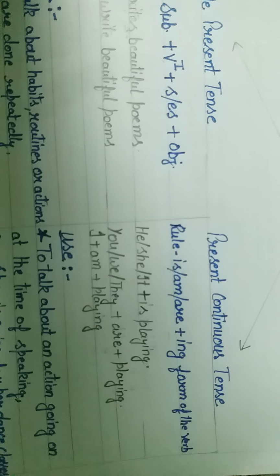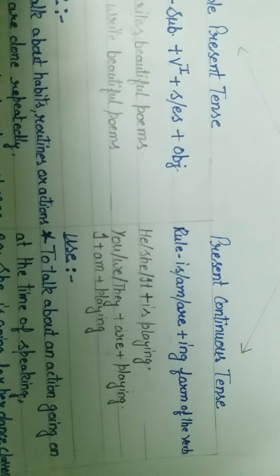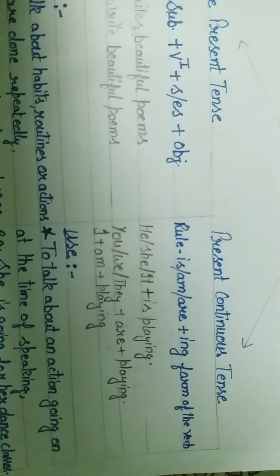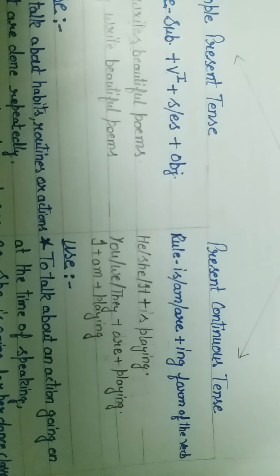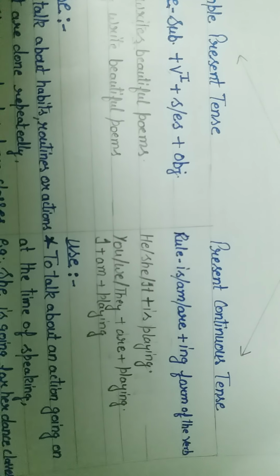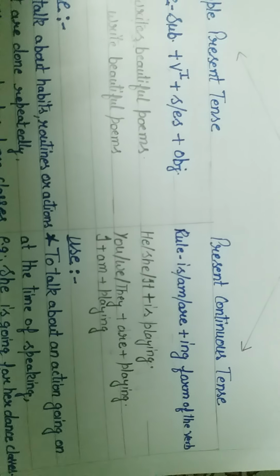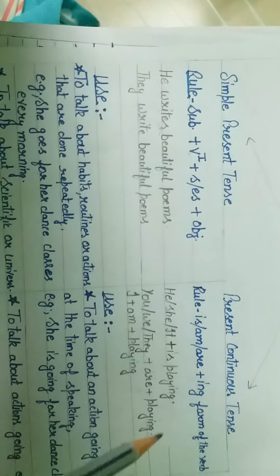He, she, it is playing. Play first form and ing we have used with it. The next, you, we, they. When our subject is plural, you is plural and singular both, then we use are plus play plus ing. I am playing. So this way we can use present continuous tense.